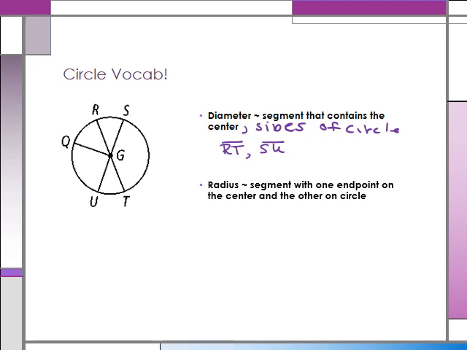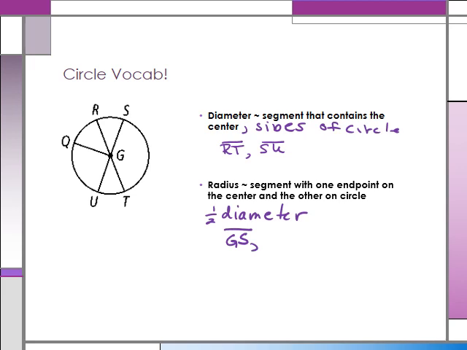A radius is the segment with an endpoint on the center and another on a circle. So its relationship is half the diameter, which we talked about in class. So in this case, we could have GS, there's a whole bunch of them here.